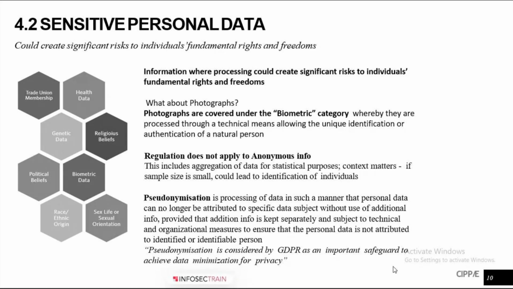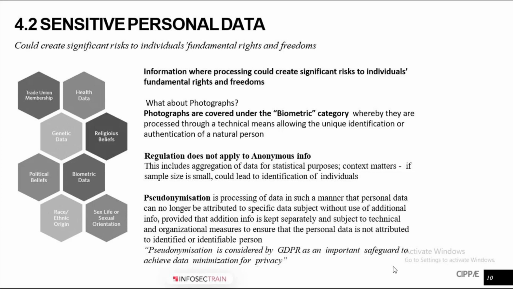Genetic data here refers to your DNA, RNA data, because that particular data can trace back your entire origins, right? It can tell your race, your ethnicity, and everything can be revealed from your genetic data. Religious belief is definitely sensitive data. Political belief again has a lot of ramifications or repercussions in your work environment. That's the reason political belief is absolutely sensitive data.